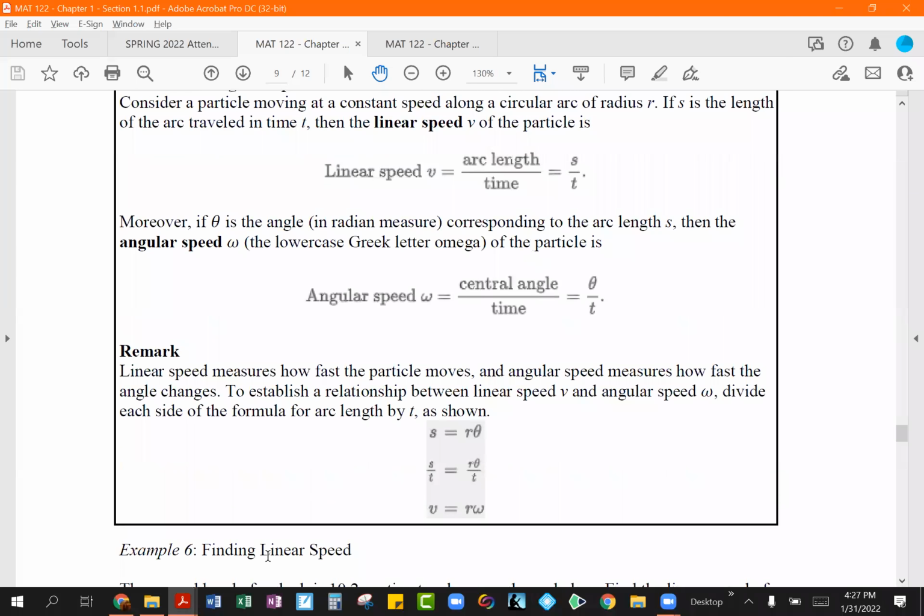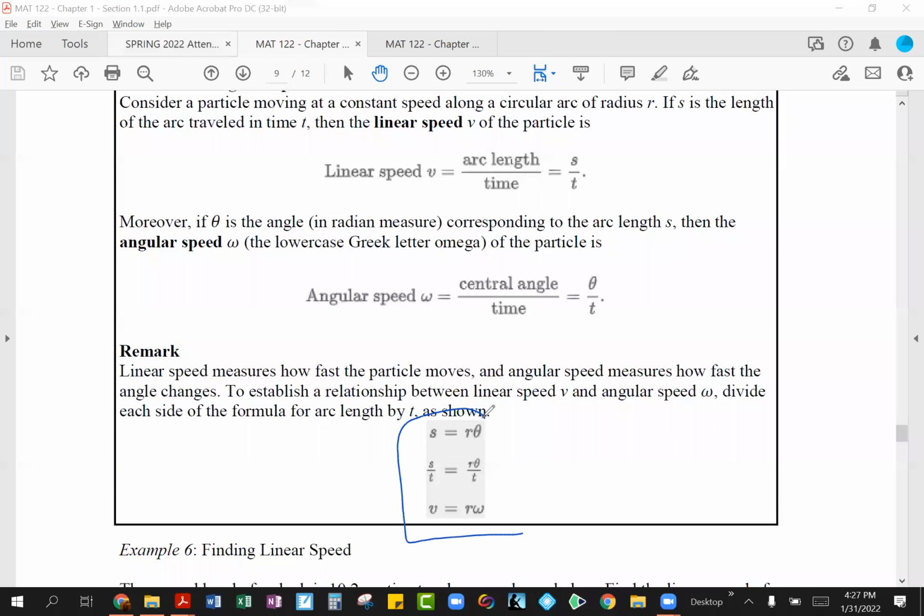you can see, again, over here at the bottom, you have this little conversion going from linear speed to angular speed. So you can definitely use this formula over here, or of course you can see you have the central angle divided by time over here.